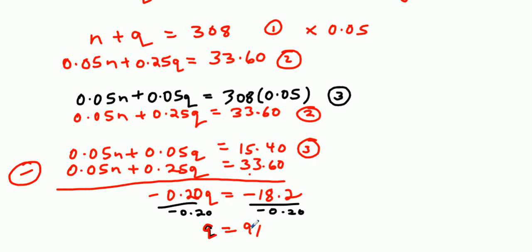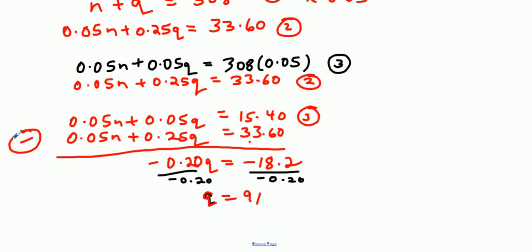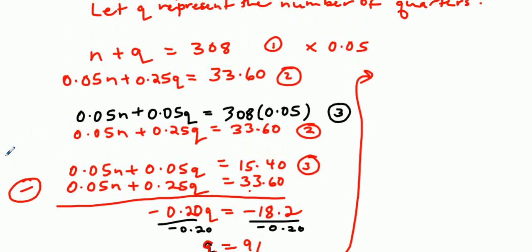Okay, well that's good. I'm glad I didn't get a decimal because I can't have a part of a quarter. So far so good. Now let's just figure out what our number of nickels is. And if I were going to go back to any equation, I would go back to the first one, right? Because it's very simple. N plus Q equals 308.